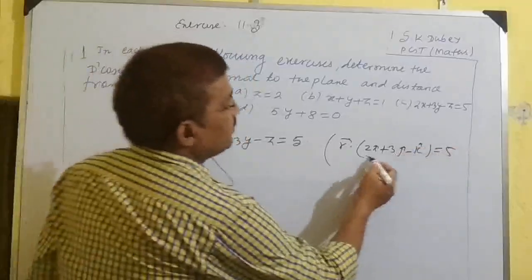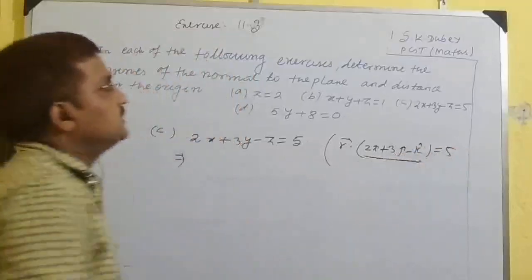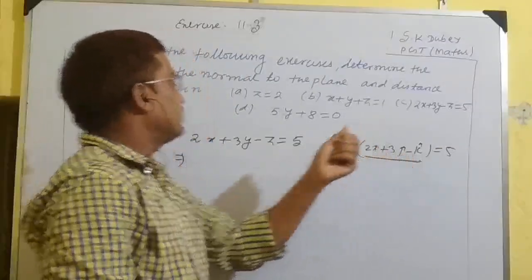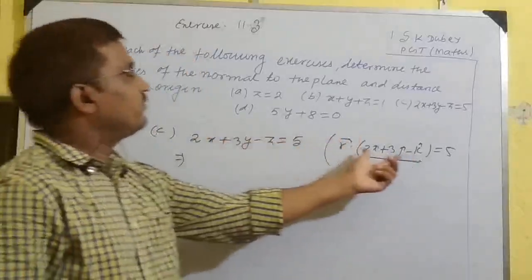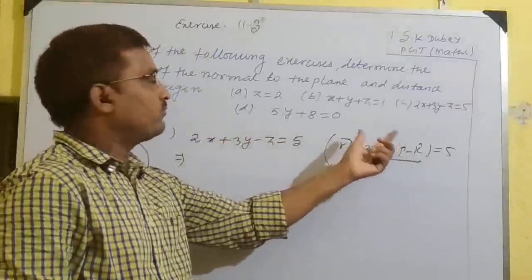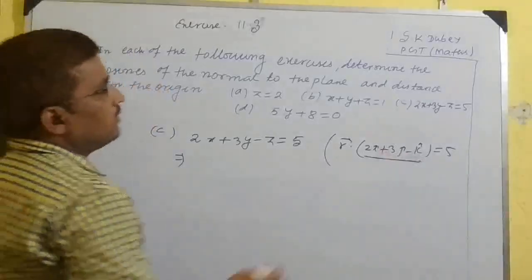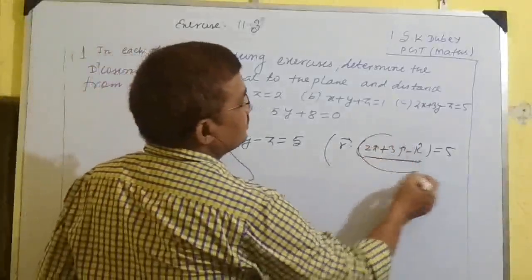Now this vector is not a unit vector. Therefore, this plane is not in the form of normal form of the plane. To find the normal form of the plane, we must have this vector as unit vector.